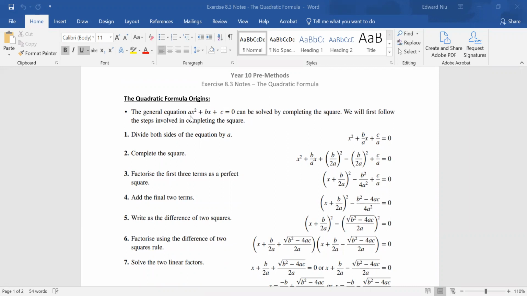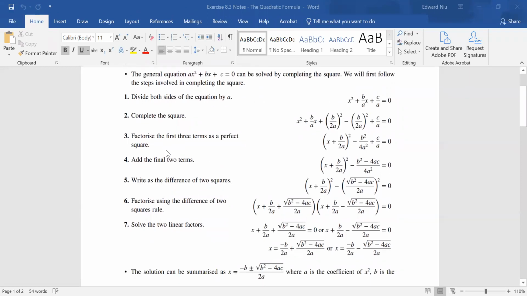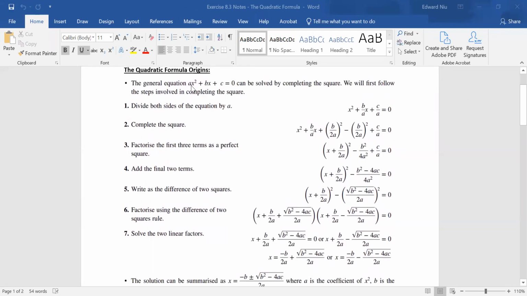So why do we use this? We do this when we potentially have an irrational number for x, or an answer in decimals for x. What we have here are 7 steps which move all the non-x pronumerals to the right side of the equal sign. Start by dividing both sides of the equation by a, which gets rid of the a in front of the x squared.